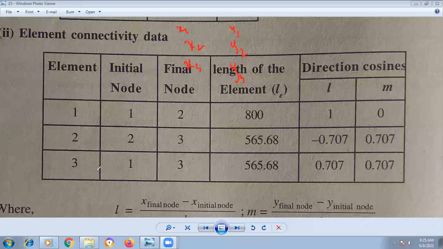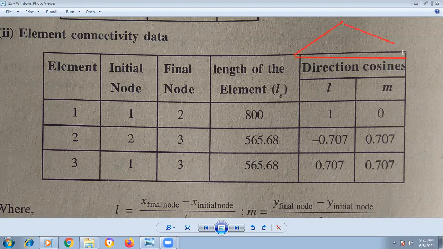It should contain the length of the element. So if I select the elements, element one is this one. It is between nodes 1 and 2.